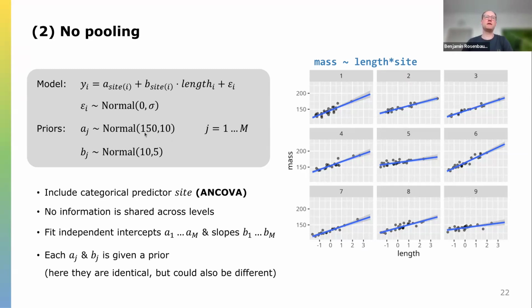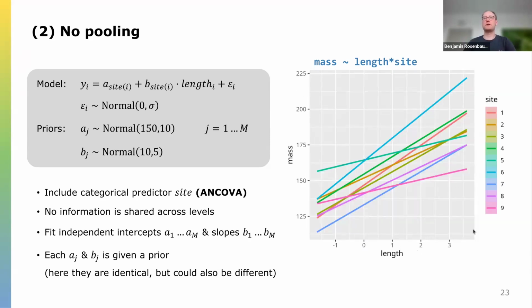So we don't have a parameter here. We have to specify these priors. So basically, we are fitting a regression for each site separately, which is fine. I mean, this model is not incorrect. However, we will not get an estimate for the overall intercept and the overall slope, right? So we are basically just fitting 9 different regression models here, all put together in one model.